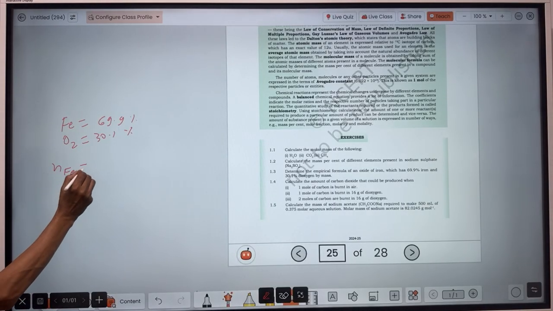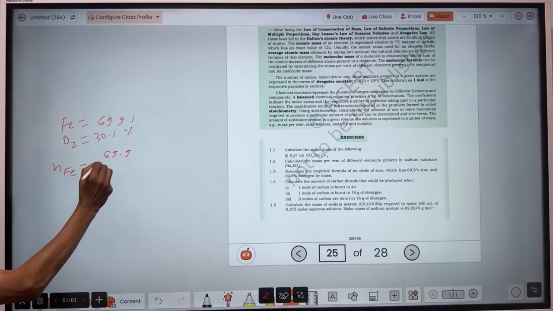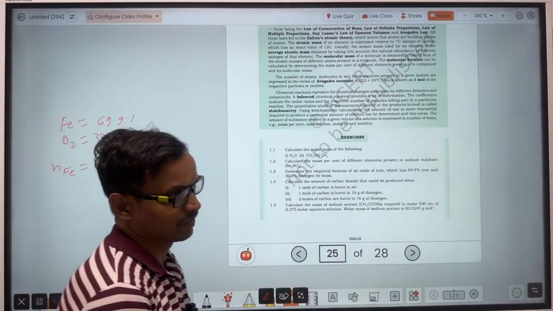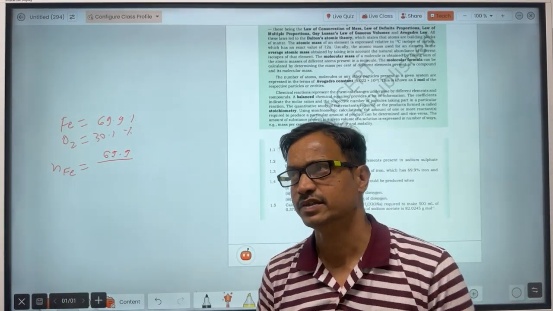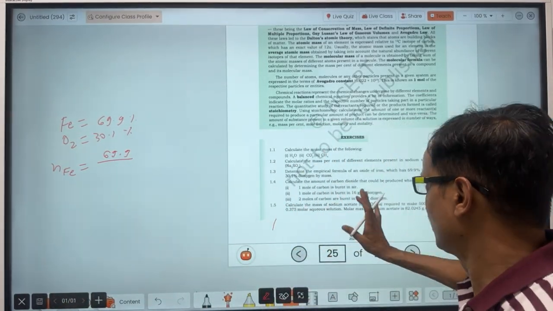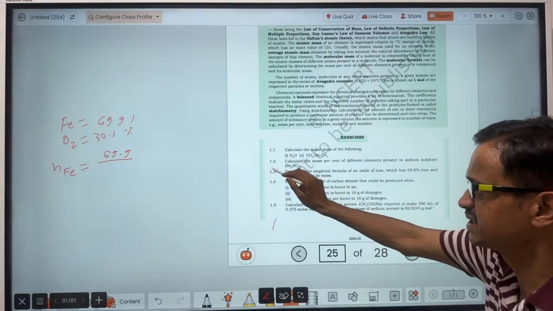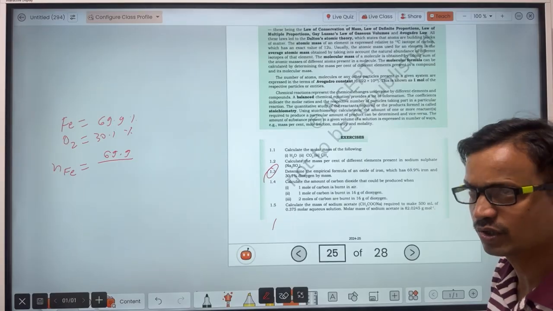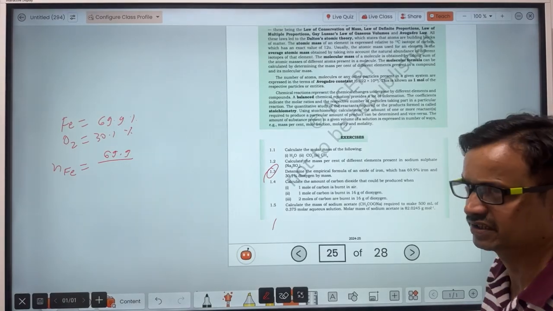So the number of moles of iron will be... here assume that there is 100 gram of sample. So in that case, there will be 100 gram of the oxide of iron. The weight of the oxide of iron is assumed to be 100.